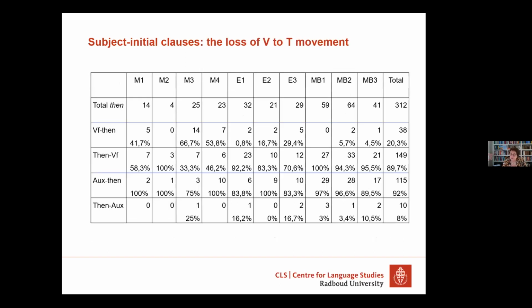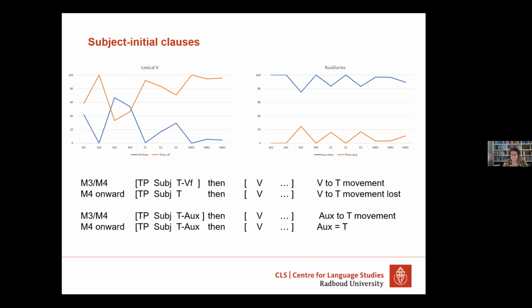Subject initial clauses also show you a lot about the loss of V-to-T movement, whether then is a particle there or not. But as I said, in these contexts, we don't come across many particle readings. But you see again this rather complicated looking table here, but I've cast that in two graphs as well.